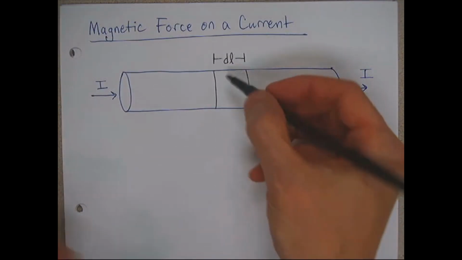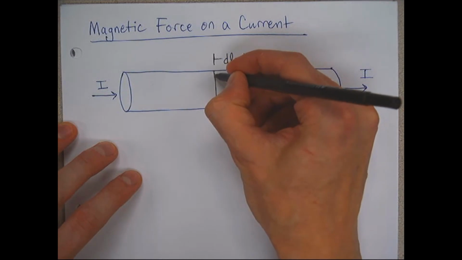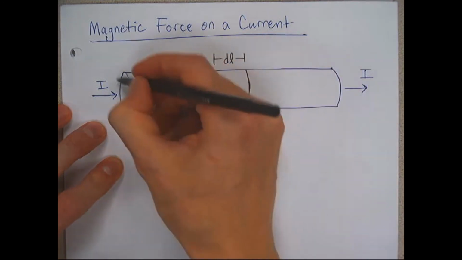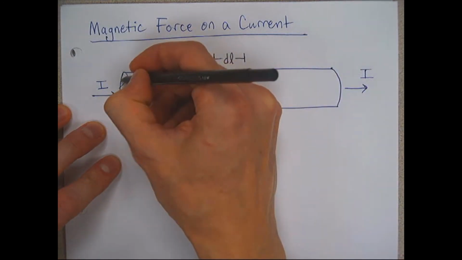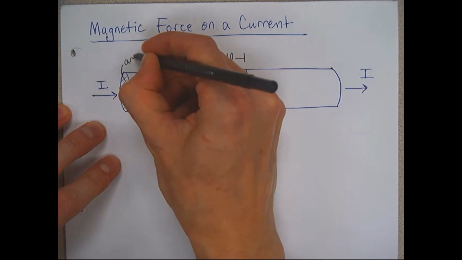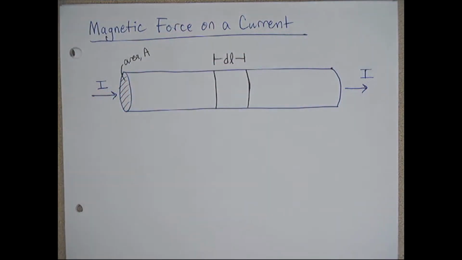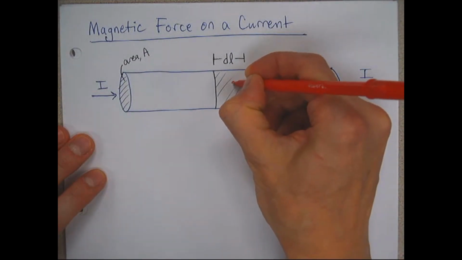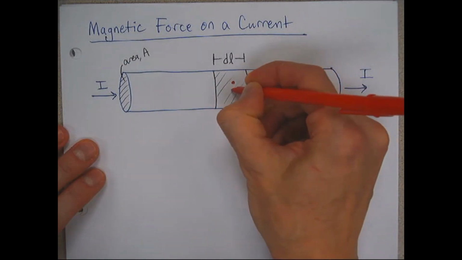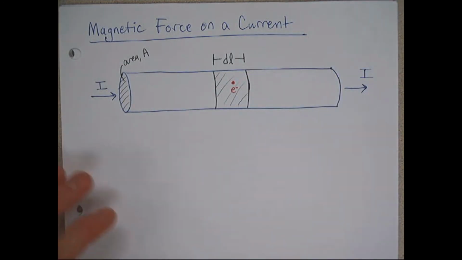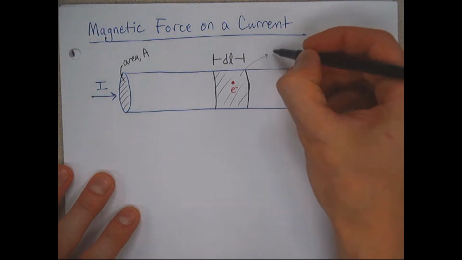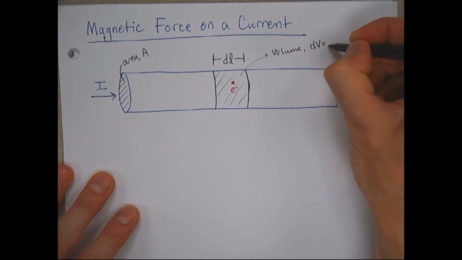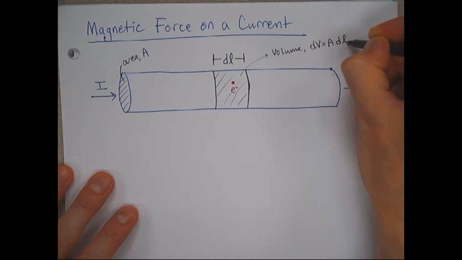Within this volume now, defined by the length dl and the cross-sectional area of the wire A, there are some number of free electrons in this small volume dV. That volume is the cross-sectional area times dl.